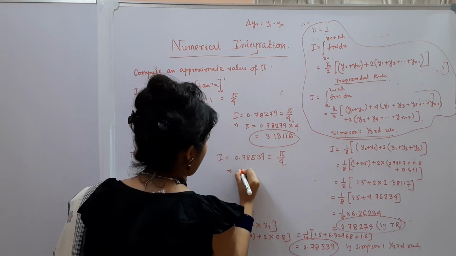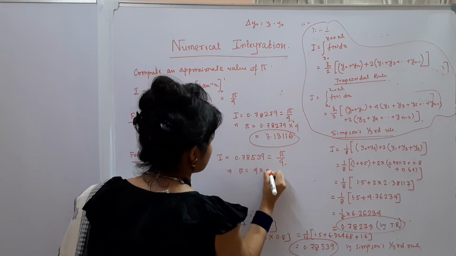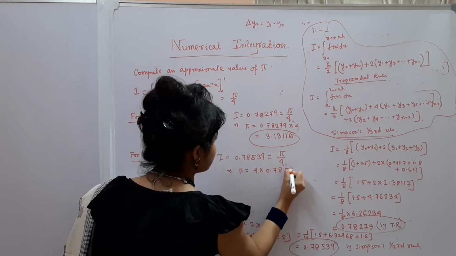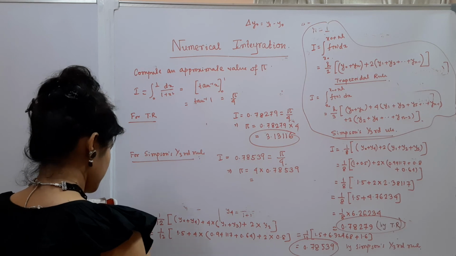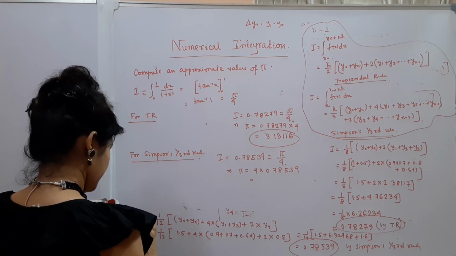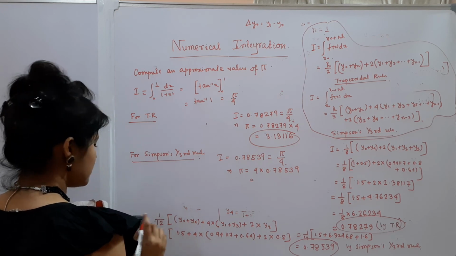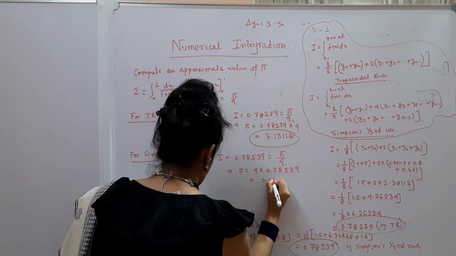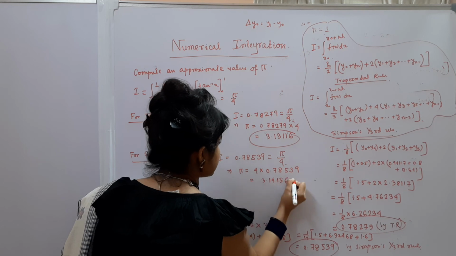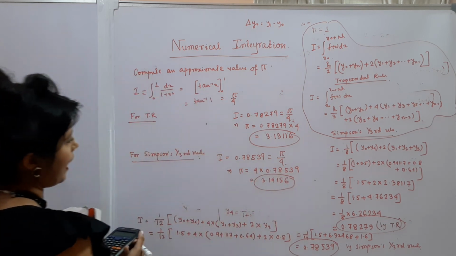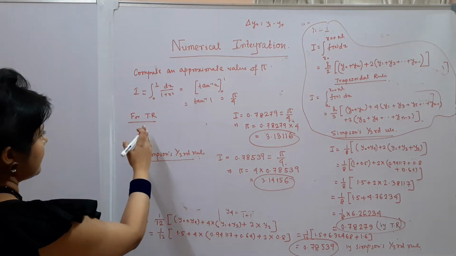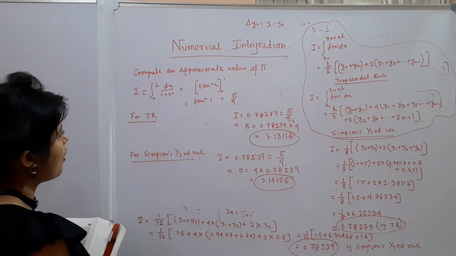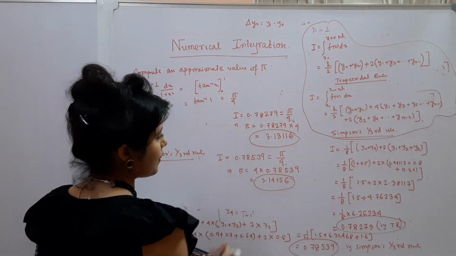So therefore pi is equal to 4 into 0.78539, so that is 3.14156. So this is the value for pi by using Simpson's 1/3 rule.